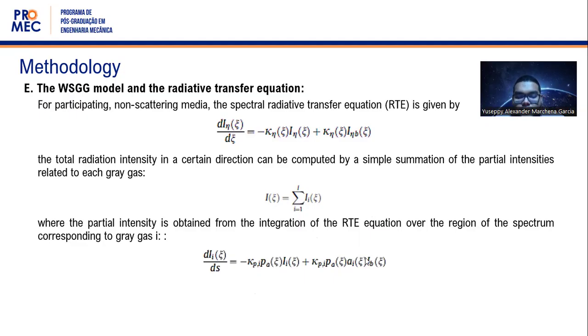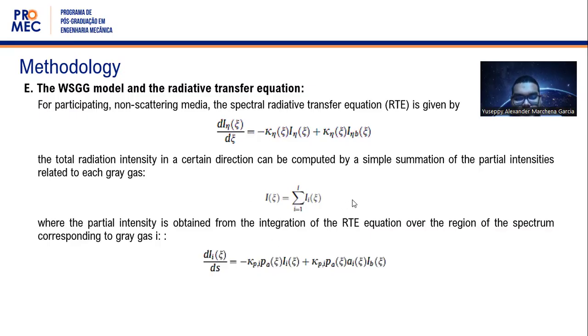So although the absorption coefficient of each gray gas is constant, the model can be applied to non-isothermal and non-homogeneous media, since temperature and species concentrations are evaluated locally, right?